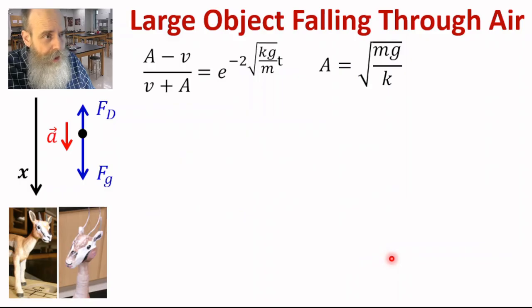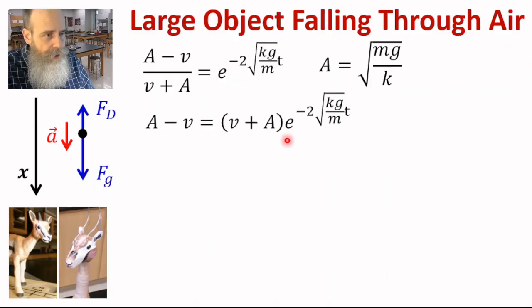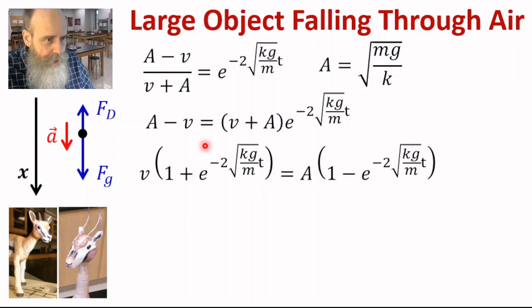Here's what we have. Now let's solve for v. Multiply by v plus a, like this. Then find all the terms that contain v and put them on one side of the equation, and all the terms that do not contain v on the other side, and we get this.